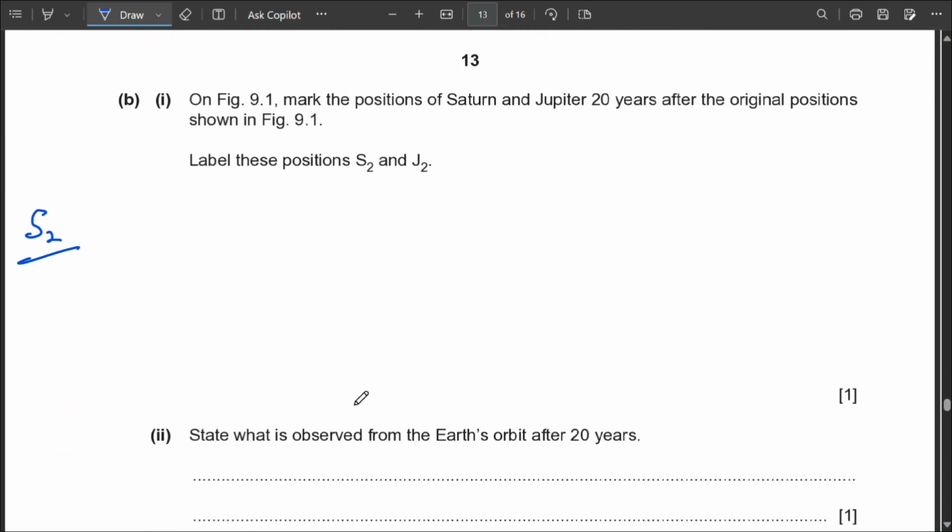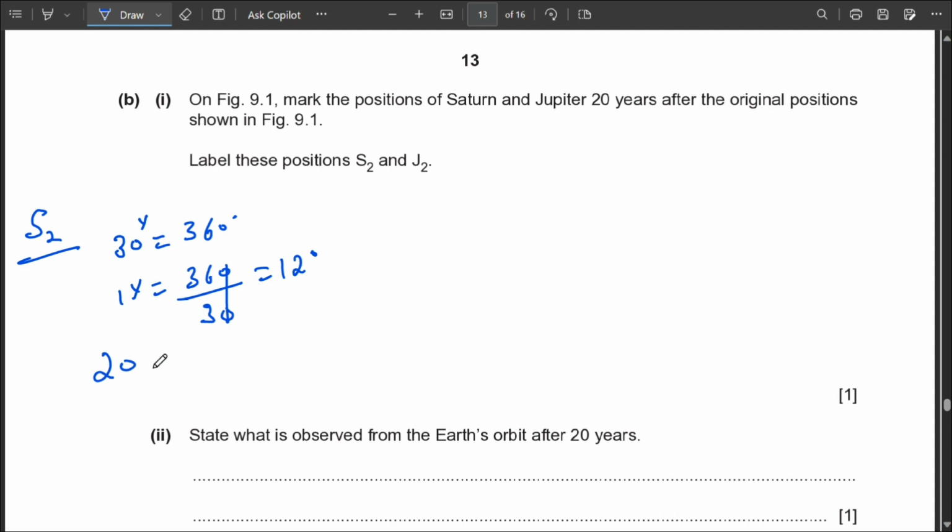Saturn takes 30 years to complete 360 degrees. So in 1 year, how much? 360 by 30. Solve this. This goes 12 degrees.